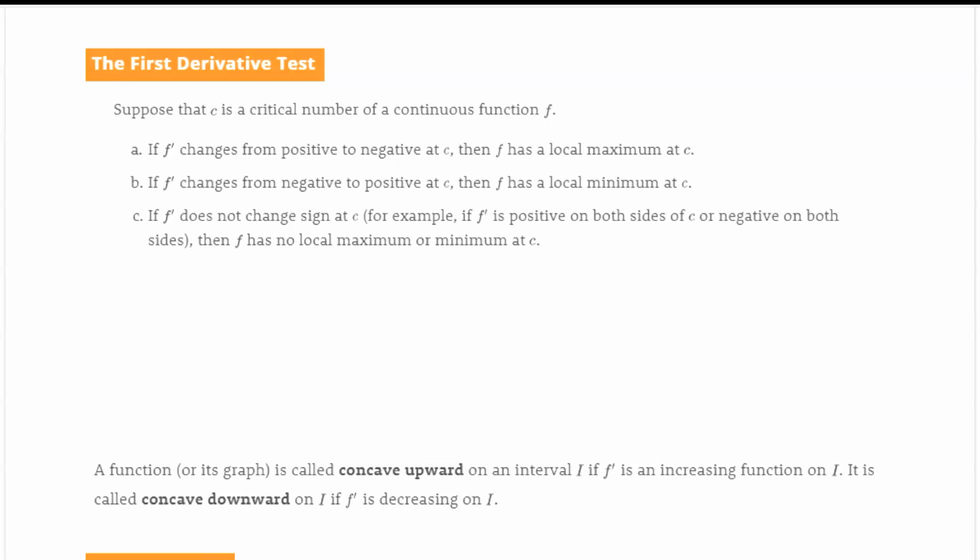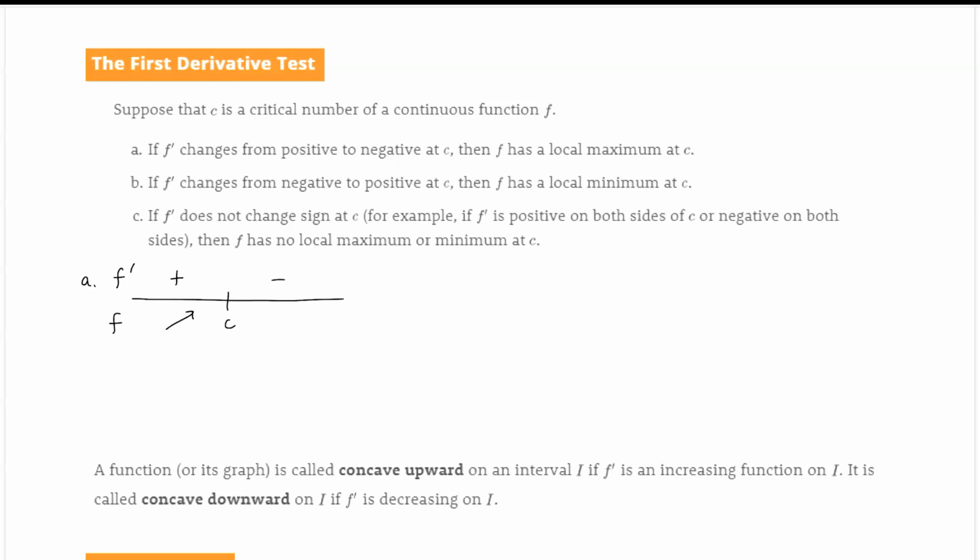All right. Now we have a first derivative test. One of the things we're going to be using our derivatives for is to find maxes and mins on functions. If you have a critical number at x equals c, and your function is continuous, then you can determine by looking at how the sign, S-I-G-N, of the first derivative changes whether you have a max or a min or neither.